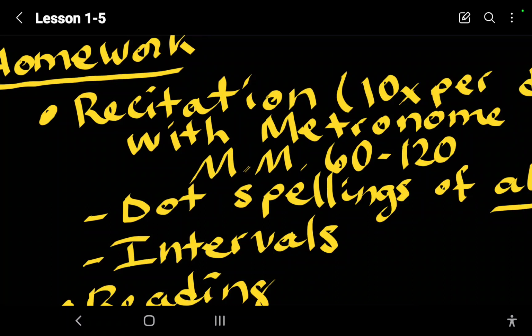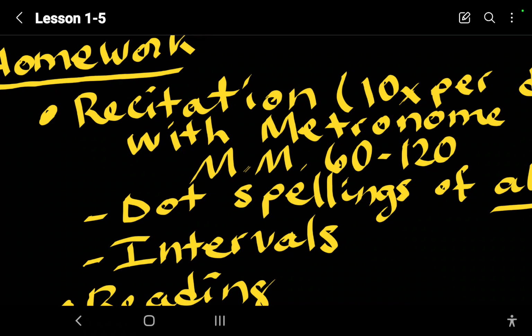So what we were doing was working on quicker recall for the dot number spelling of the Braille pitch spellings. An example would be if we were to use the pitch do, which is spelled 1, 4, 5, it would sound something like this. This is a beat at 60.